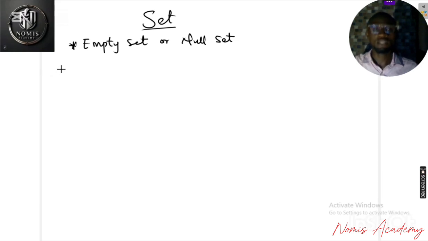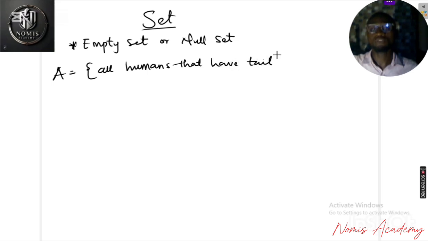Let's take for example a set, let's say set A, of all humans that have tails. Have you seen any human being with a tail?